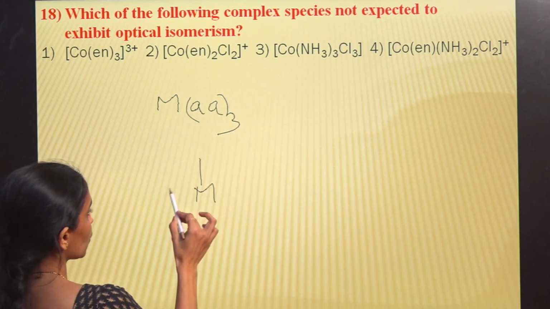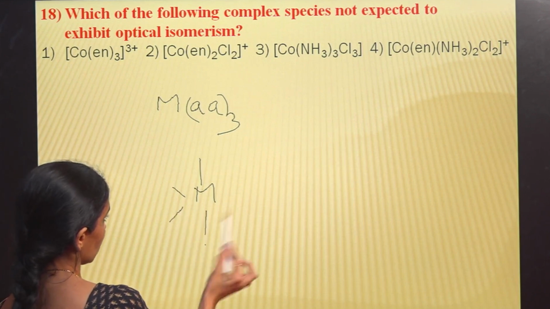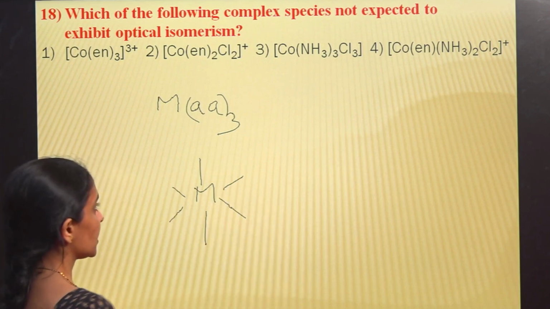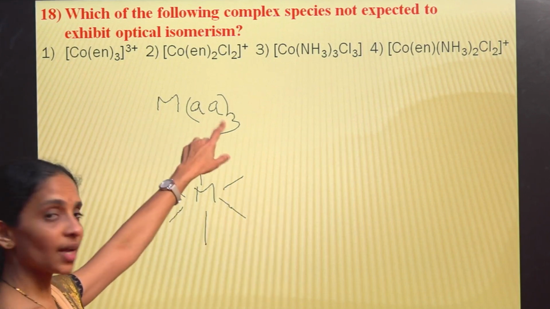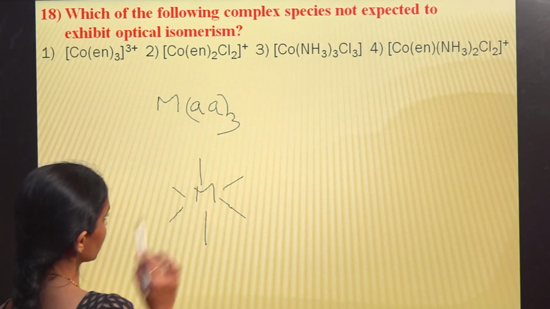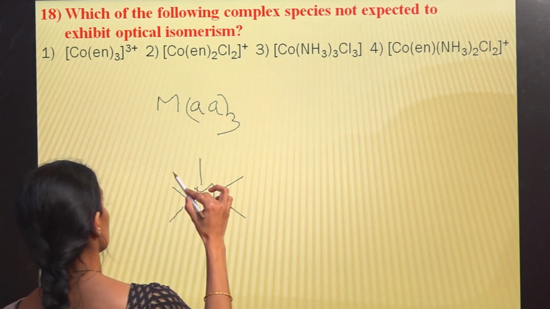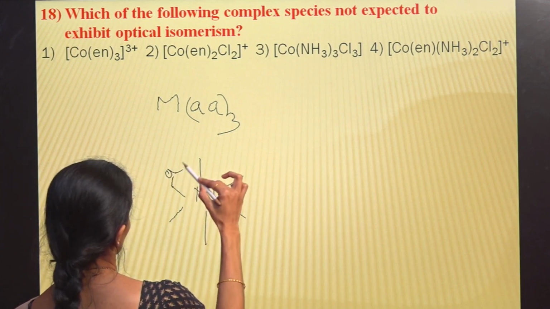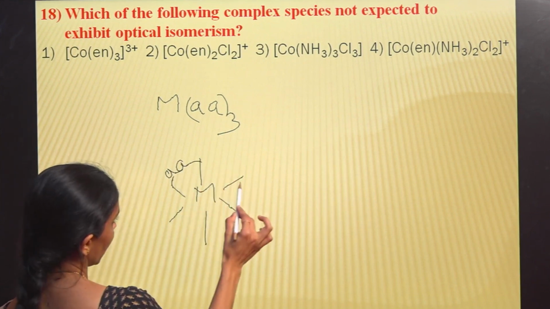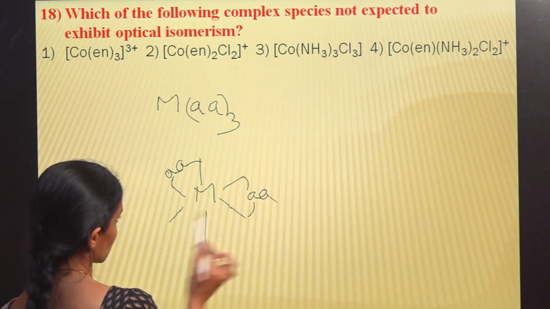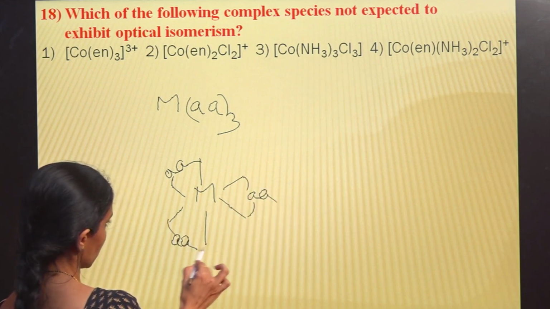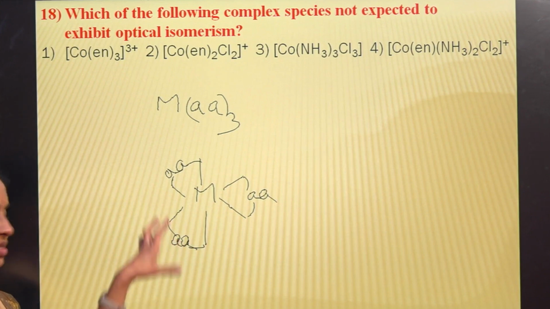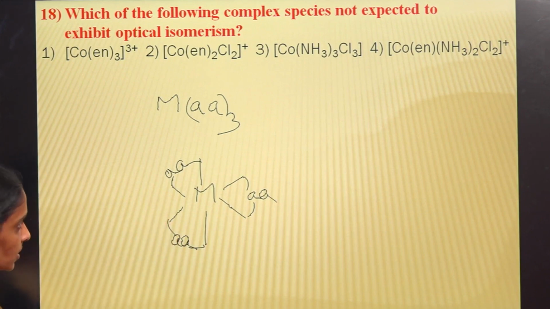Bidentate ligands 3 ide anta helidre, denticity, I mean coordination number becomes 6. So octahedral complex aaytu idu. This is 1 AA, this is 2 AA, and here is your third AA. This is the structure of the complex.